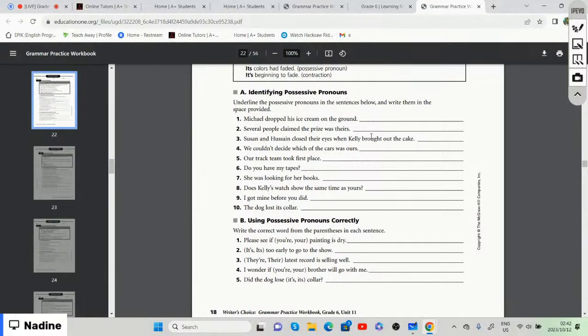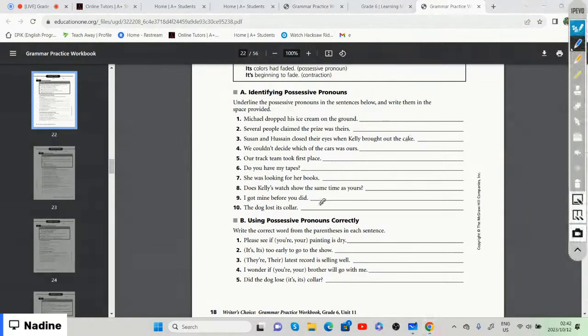All right, so if we identify the possessive pronoun, then we can say it is his, right? Remember we said it was like his, hers, theirs, mine, ours, right? Several people claimed the prize was theirs. What is the possessive pronoun within this sentence?